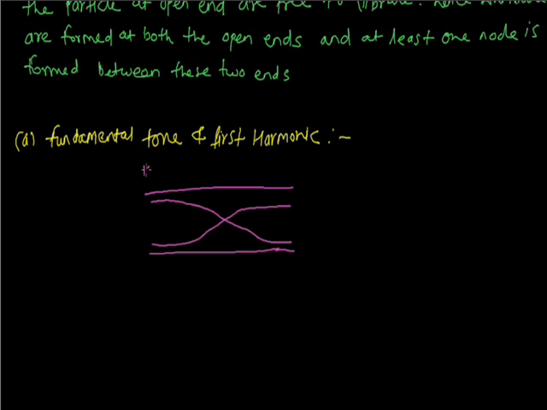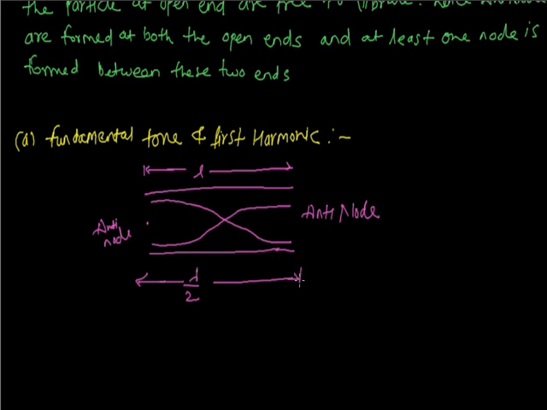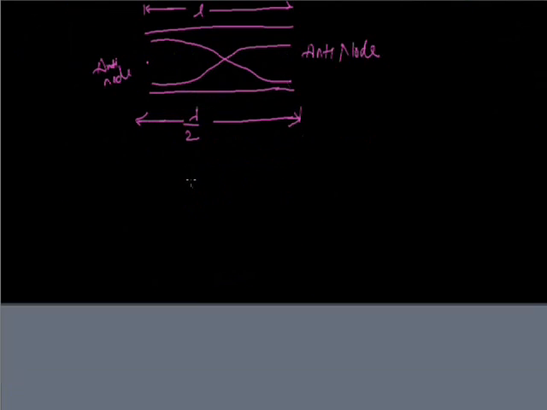So if the length of the open organ pipe is L, that is an antinode, and that is also an antinode. The distance between the first antinode and the second antinode is lambda by 2. It is half a wavelength if the particle is vibrating. So the length L is equal to lambda by 2, and the wavelength will be 2L.